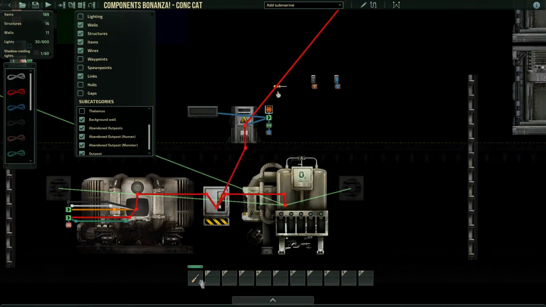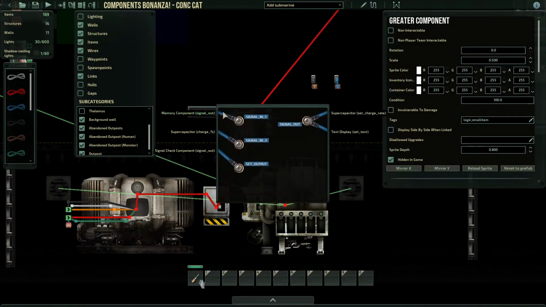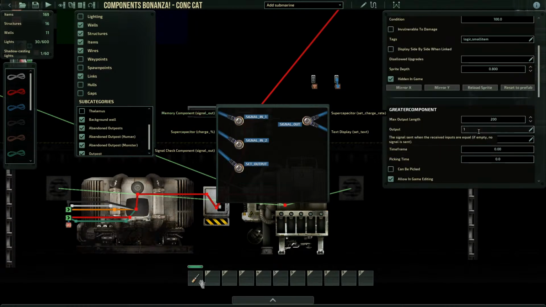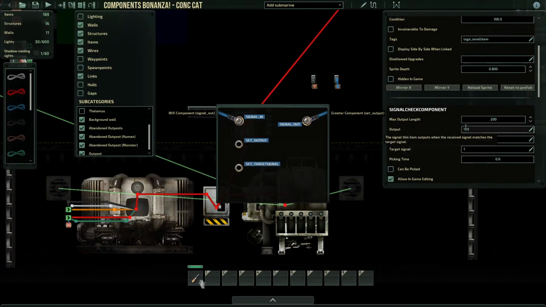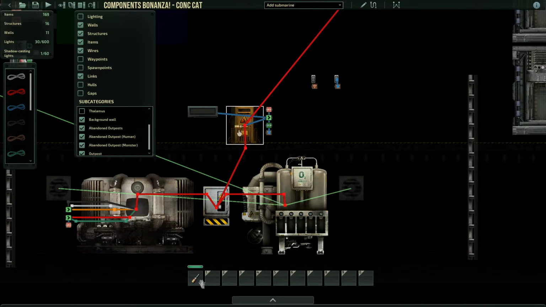So the value of 50 is tested against the supercapacitor charge percent. If our supercapacitor charge is less than 50%, then this outputs, and we can set this to whatever, but it's going to be overridden by the output of our signal check component. The signal check component sends 100 when it gets a true signal and 69 any other time.